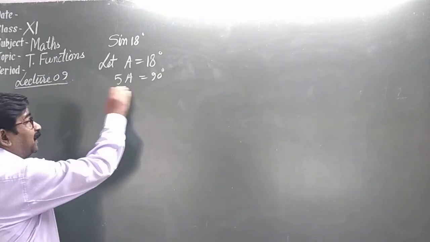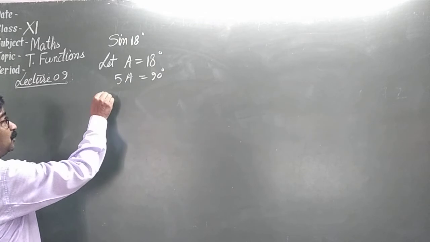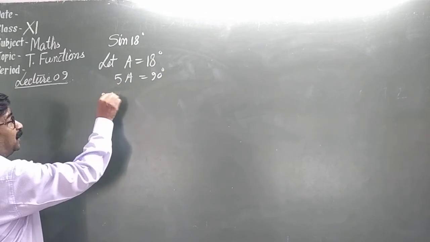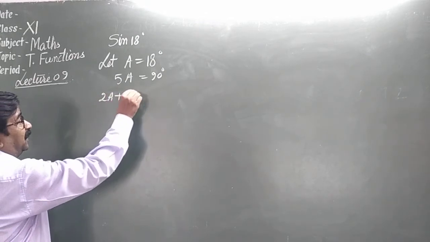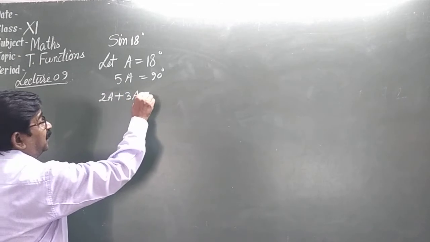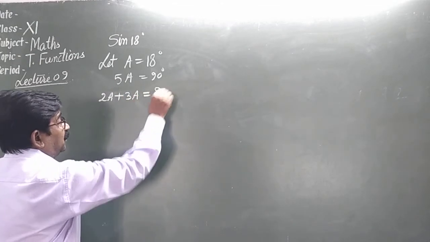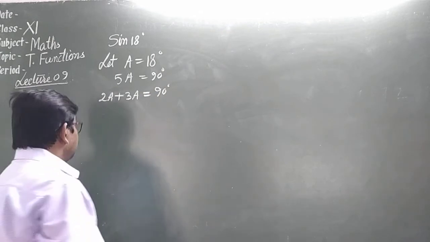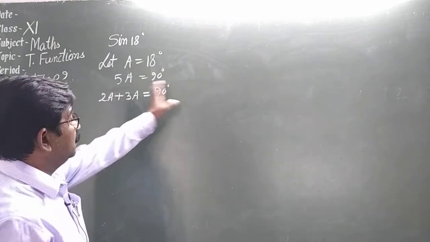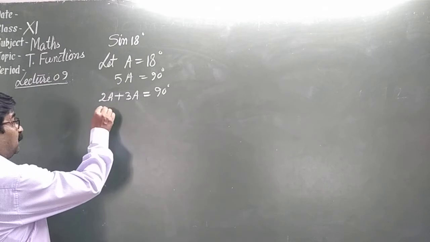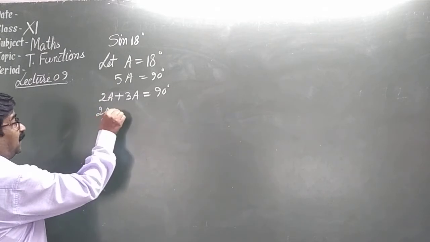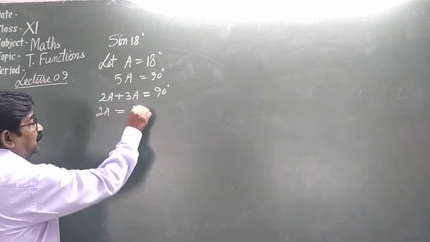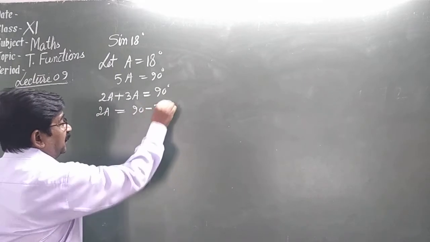This 5A can be split as 2A plus 3A. 2A plus 3A is equal to what? 90 degrees. Got it? Now send one of the terms to this side. So we have, suppose, 2A is equal to 90 minus 3A.